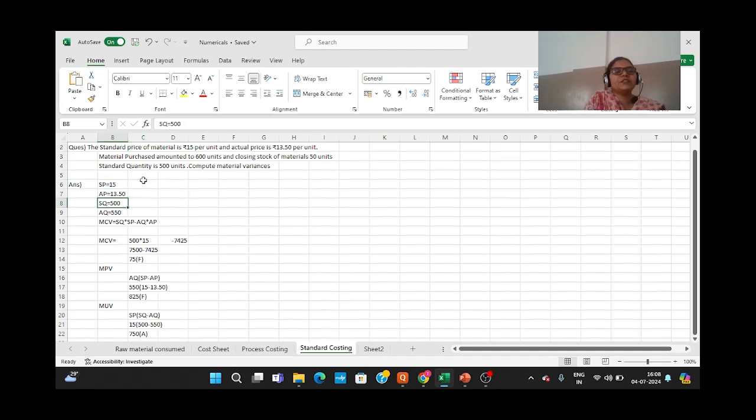In a question, first we will copy the values. Standard price is given as 15 rupees. Actual price is given as 13.50. Standard quantity is given as 500 units, and actual quantity we have calculated by deducting 50 units, that is closing stock of materials, from the material purchase, that is 550.